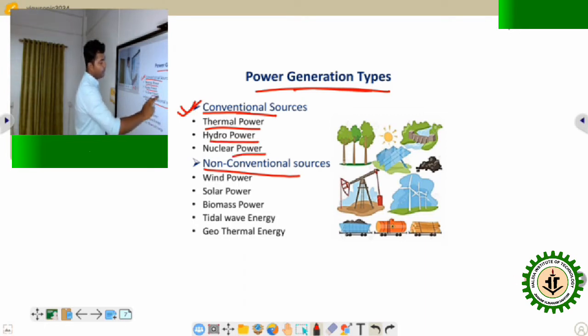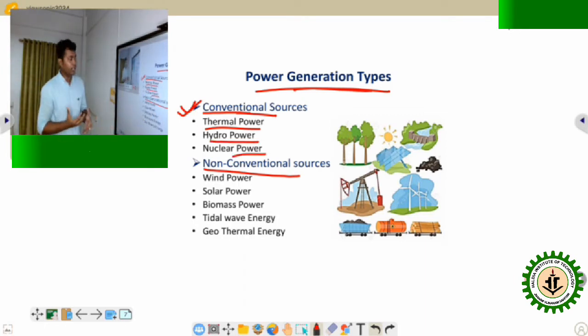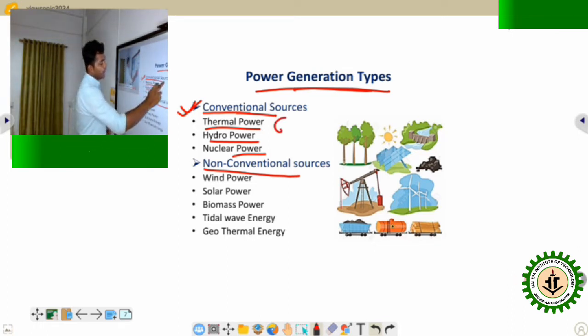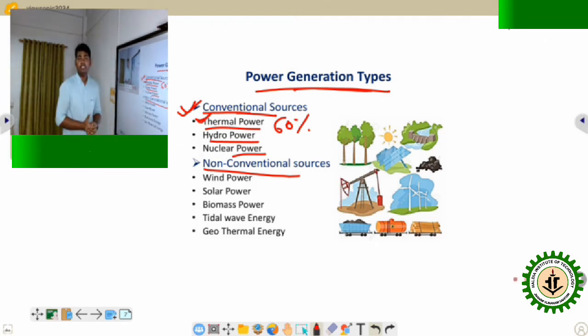We already know that in India approximately 60% of power is generated from thermal power plants. In a thermal power plant, heat is used. The heat produced by coal is used to generate steam, and this steam is used to rotate the turbine blade. That's why this is the thermal power plant.